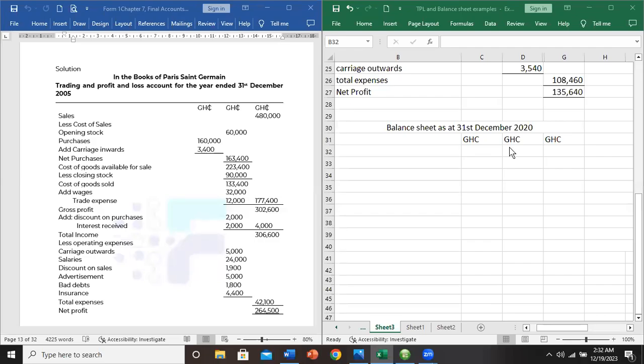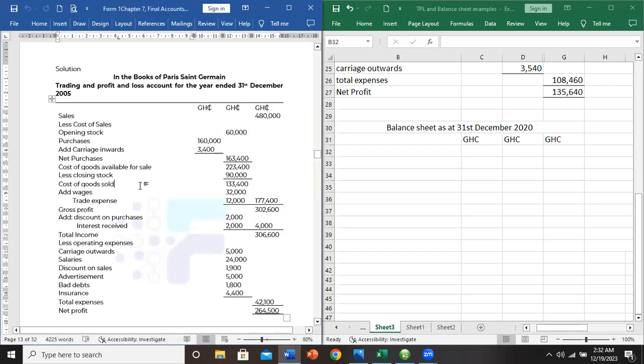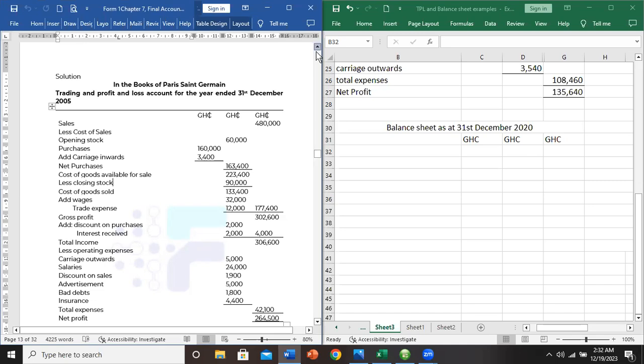So we are on the balance sheet for this question. So back to the question. Just a quick one so you can move along with me. This is the format of the balance sheet that we have discussed in the last class.